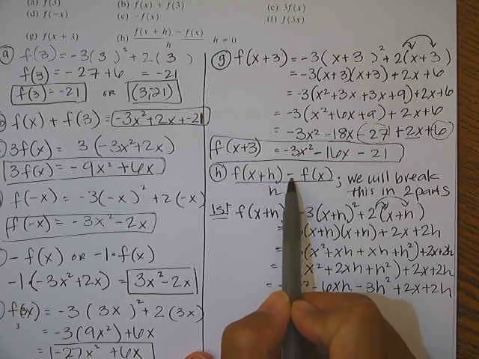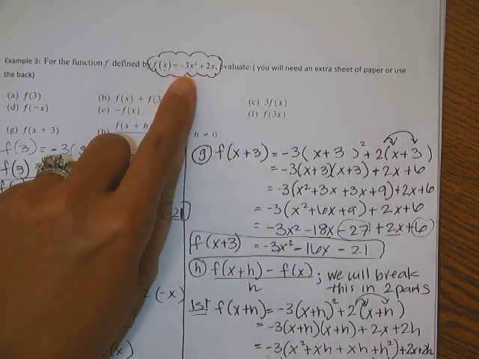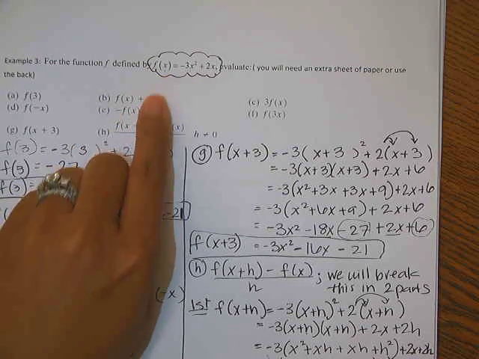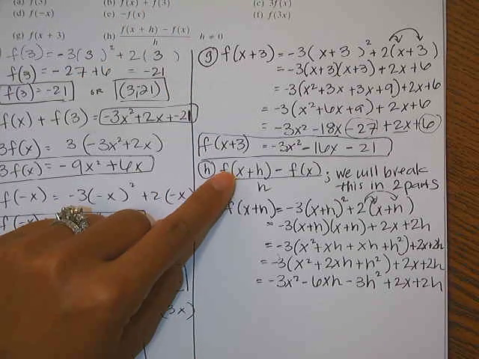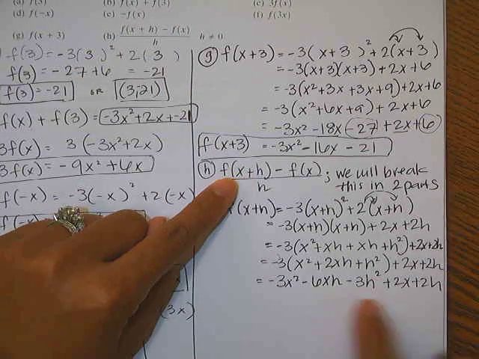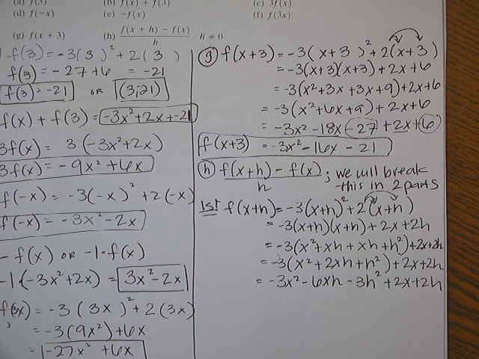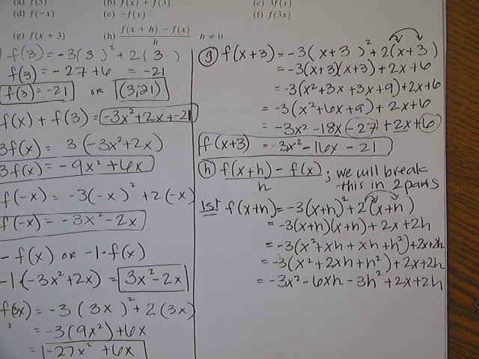Now we can just subtract f of x. Now keep in mind, f of x is our original function here. Okay, so we are going to subtract the entire piece and then divide it by h. So here we go. So we're doing an f of x plus h, which is this whole piece right here. I'm going to use a pencil, or you know what, even a red pen, so you can see what I'm doing from here.